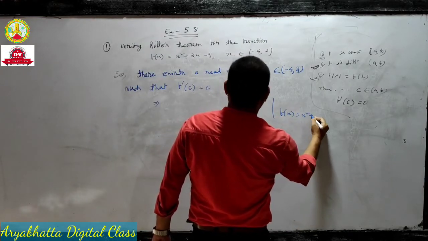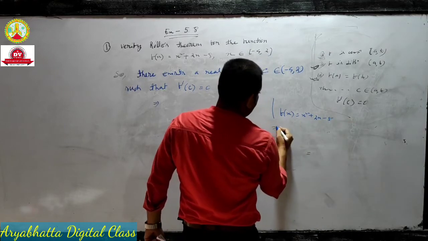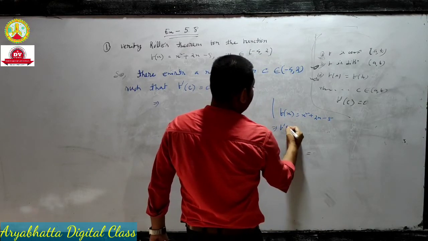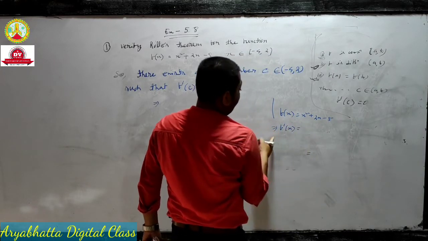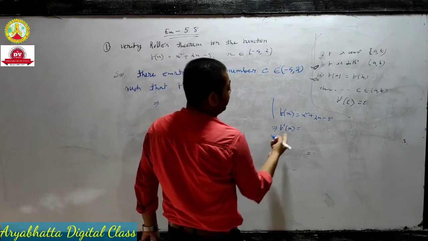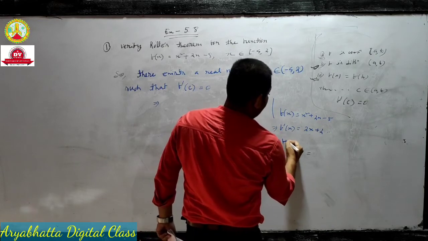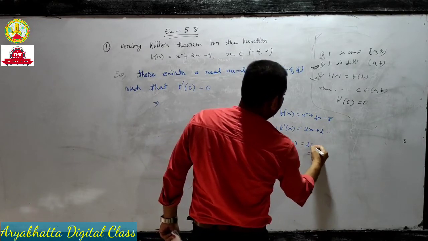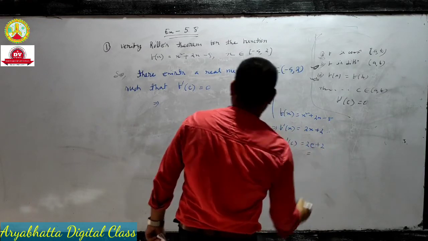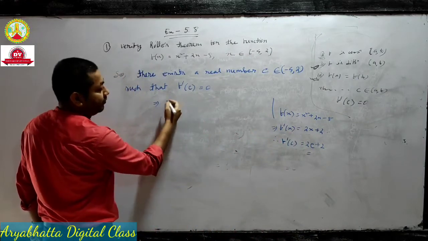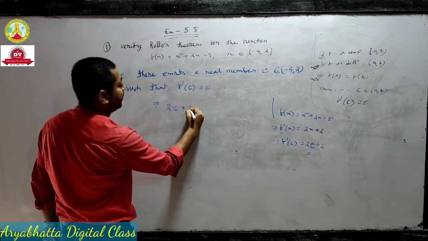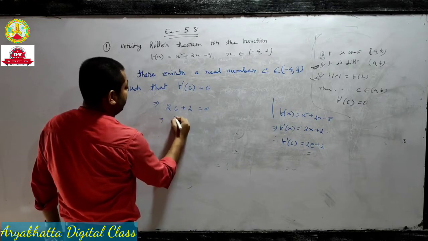Here f of x is equal to x square plus 2x minus 8. Therefore f dash x, that means derivative of f of x, is equal to 2x plus 2. Therefore f dash c equal to 2c plus 2, which is equal to 0.